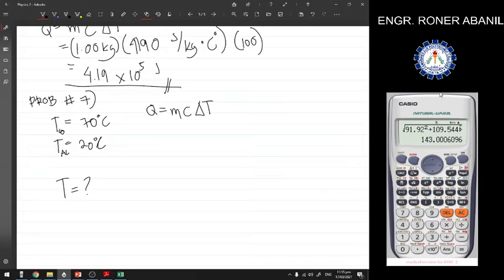Ito yung gagamitan natin ng formula. Basahin ko ulit yung problem.